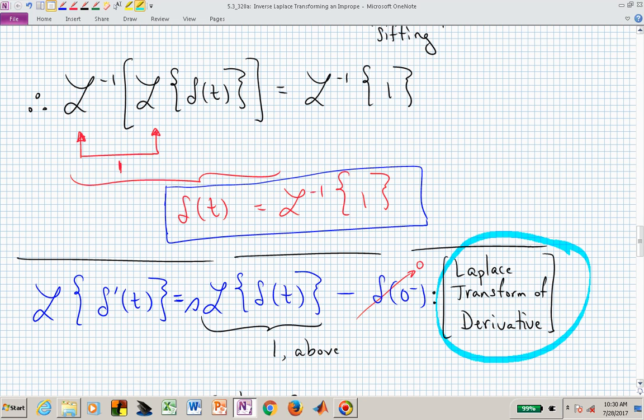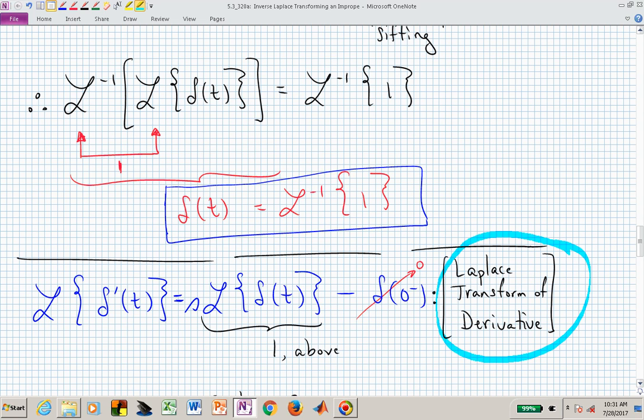The impulse is only active at 0, not at the left-hand side of 0 or the right-hand side of 0. The left-hand side of 0 is 0 minus. The right-hand side would be 0 plus. We want to know the value of the impulse right at 0. Well, that's when it's infinite, but slightly to the left, at 0 minus, it's 0.